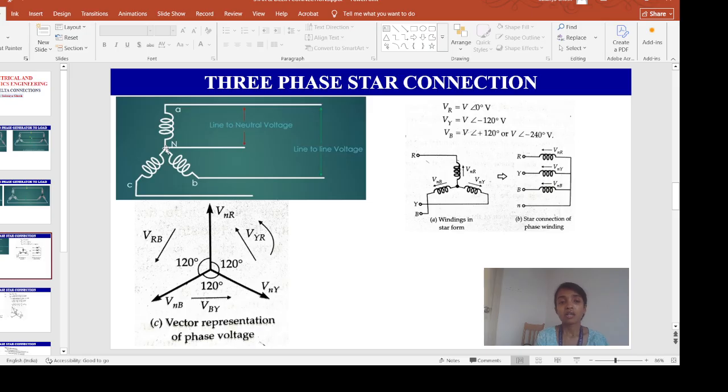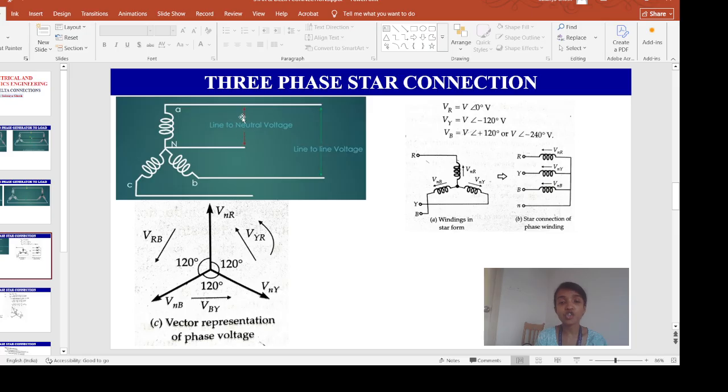So in this case, this is a 3-phase 4-wire system. We have 4 wires.